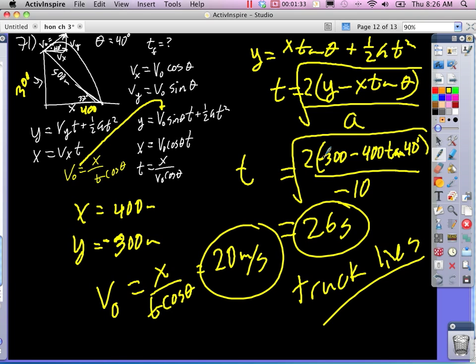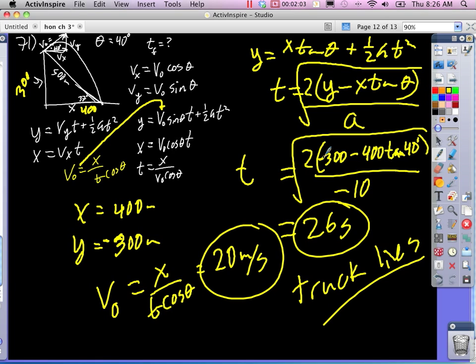Plug that in. Good. Okay, so do that calculation for the time yourself.